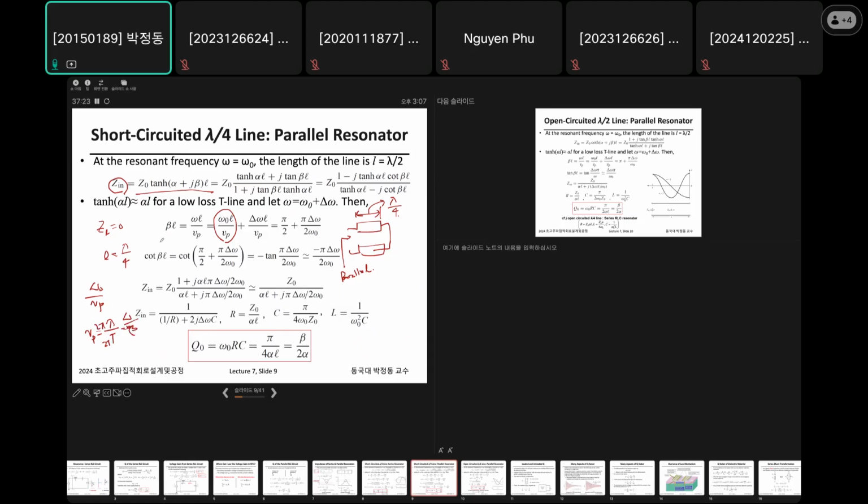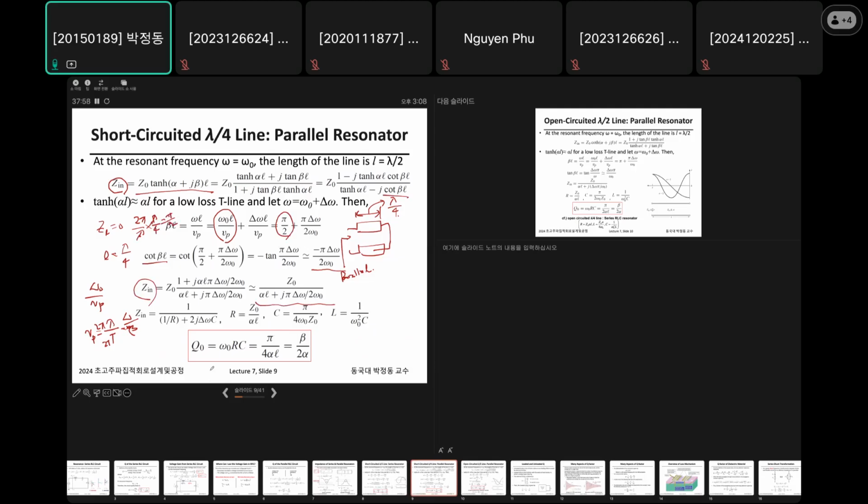So beta is pi divided by lambda, and you have lambda divided by 4, so this is pi divided by 2. With this observation, you can express cosine beta L like this. If you put them together, then it is exactly a parallel network.